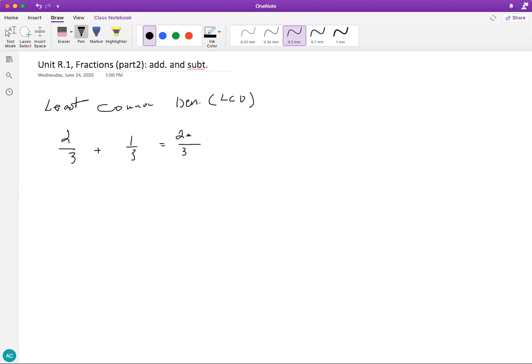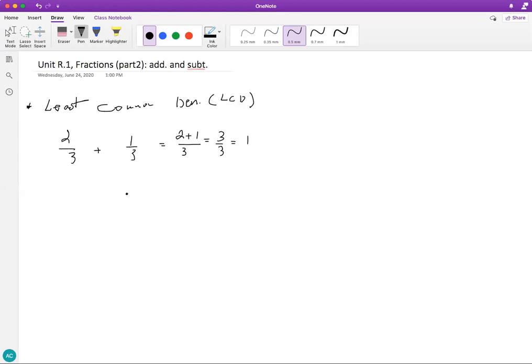That's the first rule of adding fractions. The denominator has to be the same. After that, you simplify. And then after you add, you continue simplifying if possible. 3/3 will be 1. Just 1, exactly.